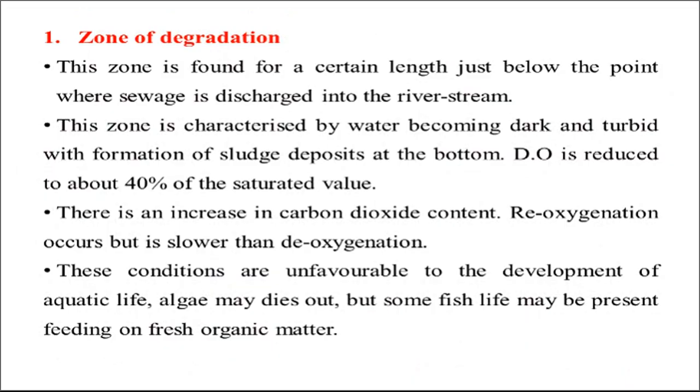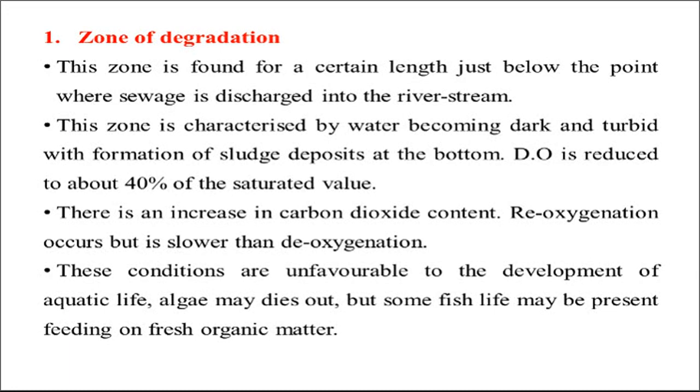First one, zone of degradation. This zone is found for a certain length just below the point where sewage is discharged into the stream, meaning the water is flowing in the river and at a particular point we are discharging the wastewater. That point where we discharge the wastewater is called the zone of degradation.